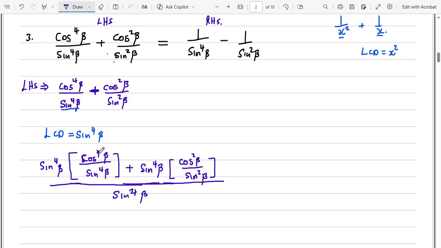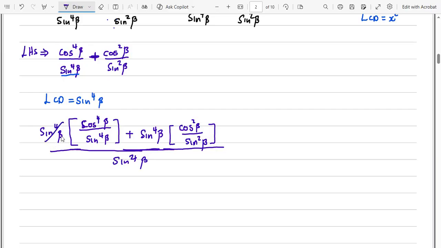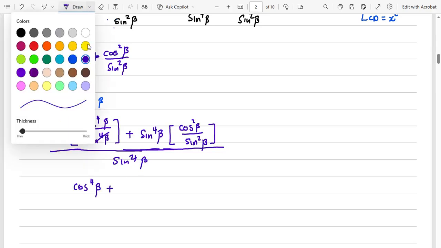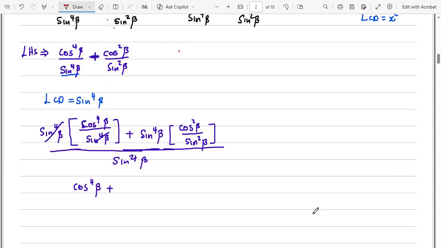Okay, so when I look at this, I know that this and that will cancel, which gives me cos to the power 4 beta plus. If you look at this, this can be written as sine squared beta times sine squared beta, so that one sine squared beta can cancel with that sine squared beta.